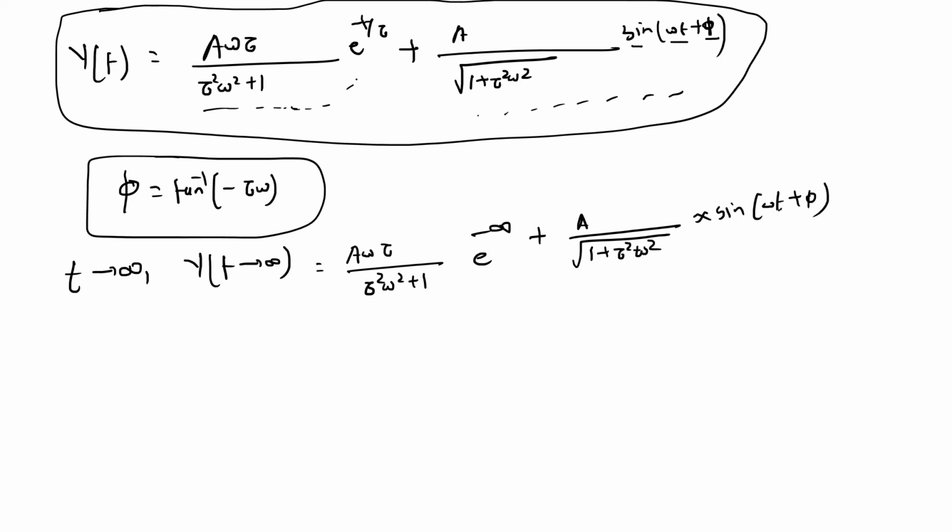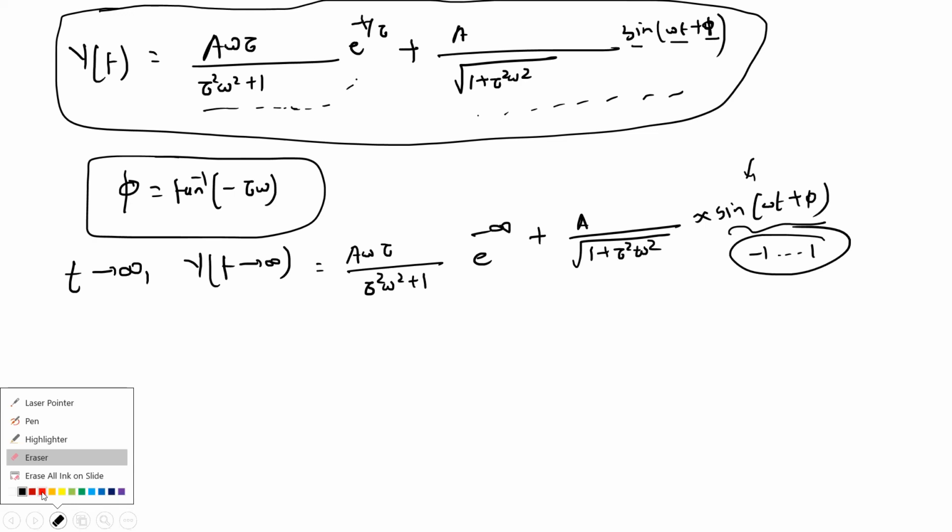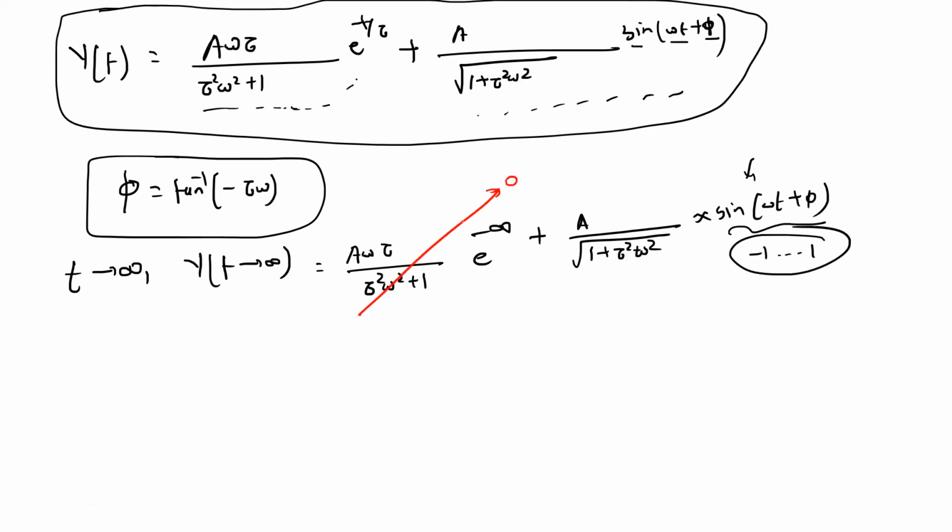If I substitute t equals infinity, this sine value lies between minus 1 and 1, so it is not going to be infinity, but the exponential term will be 0. So y at t tending to infinity is equal to A upon root over 1 plus tau square omega square into sine(omega t plus phi).